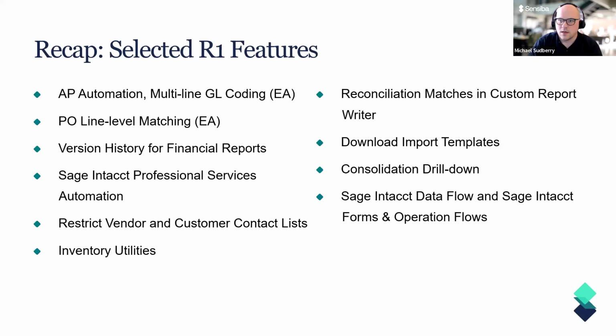So just as a recap, today we covered AP automation, both the line level coding and the PO matching, the version history for financial reports, which is definitely one of my favorites, the Sage Intacct professional services automations, restricting vendor and customer contacts list, some new inventory utilities that will help you keep your inventory on track, reconciliation matching reports, that new data pool, downloading the import templates much easier, not having to drill into the company section of Intacct, consolidation drill down, drilling through like Tom just mentioned, and then also some new products that are coming down the line.